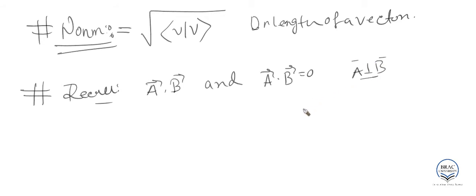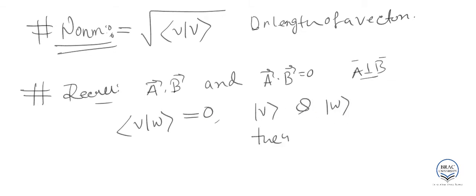So similarly, in this case, if this inner product, let's say v and w, is 0, then v and w are mutually orthogonal, that means orthogonal to each other.